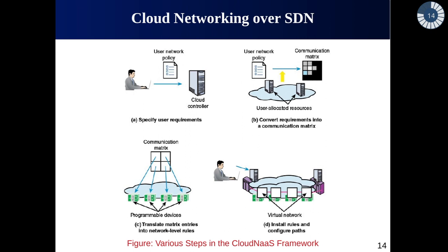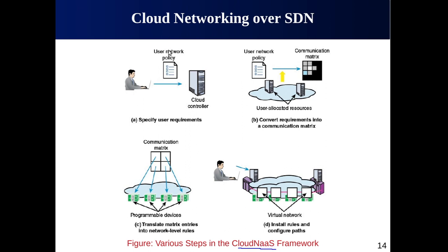Our next application is related to cloud networking, cloud networking over SDN. It is another application area for SDN, but to discuss that, we need to consider an example framework or architecture known as CloudNaaS, which stands for Network as a Service.